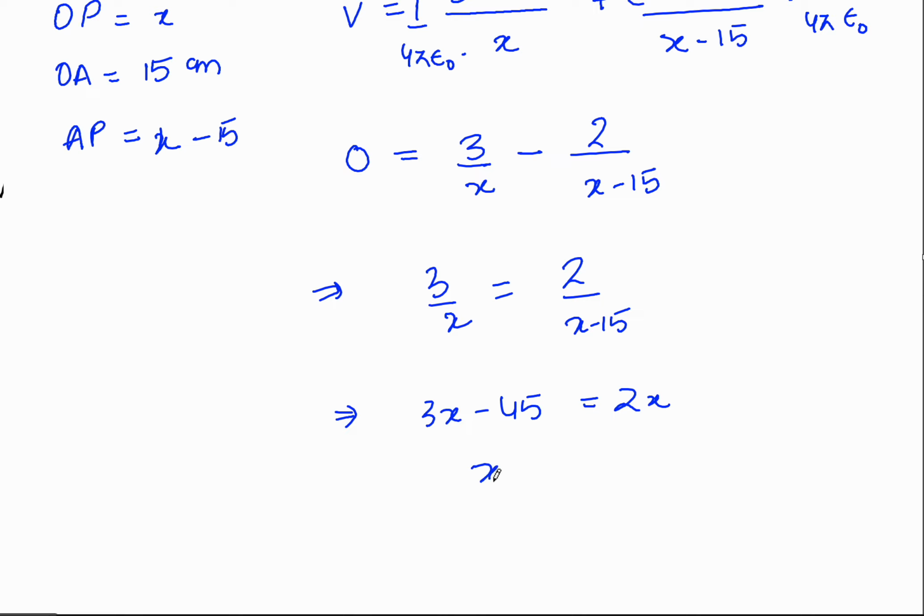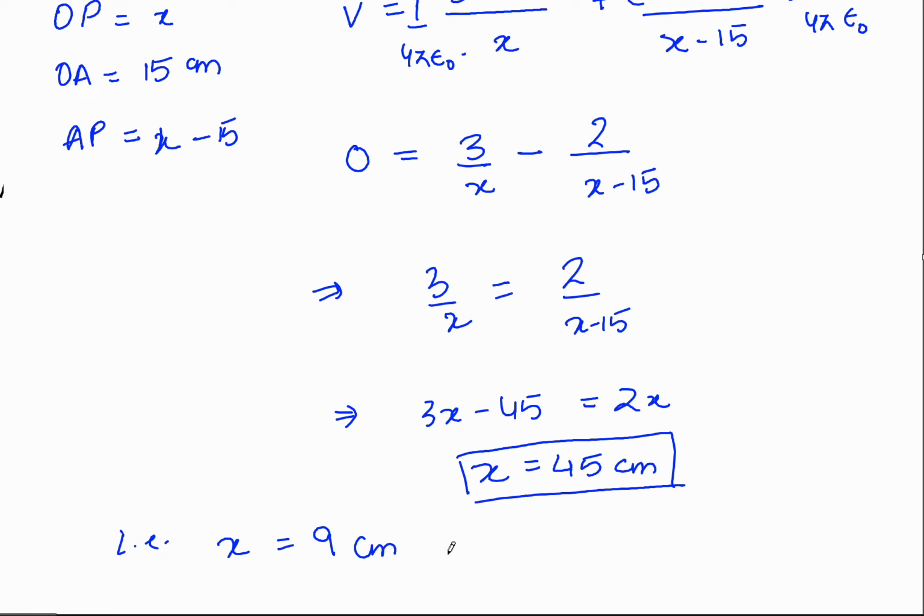So this will be x is equal to 45 centimeter. So now we have got 2 points where the potential will be 0, that is x is equal to 9 centimeter and x is equal to 45 centimeter. So at these 2 points the potential will be 0 for these two charges. Okay, thank you.